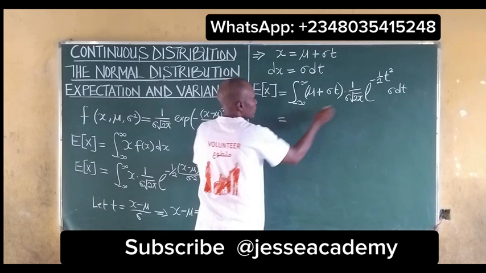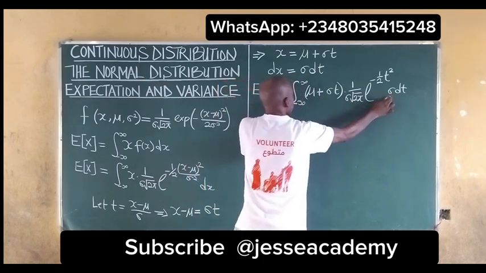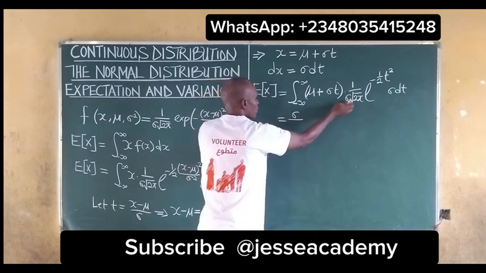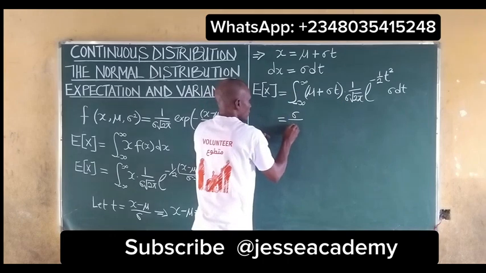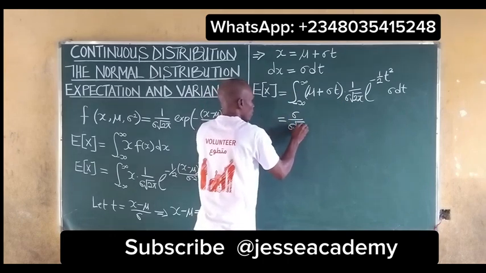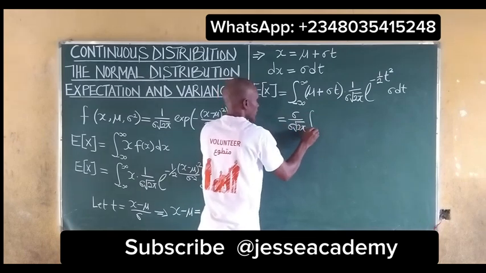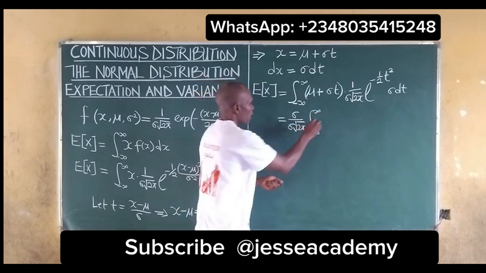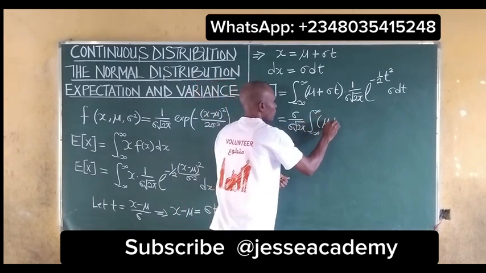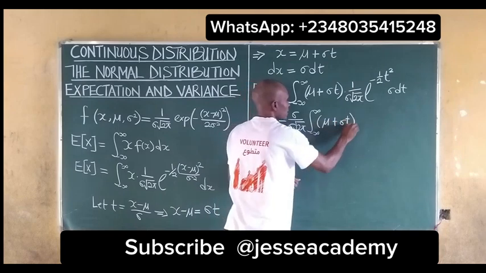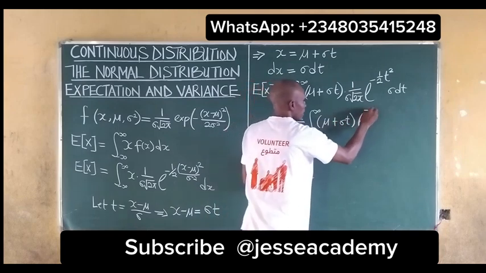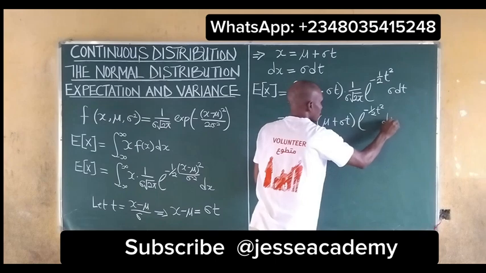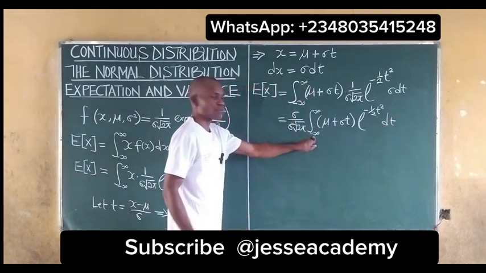Of course, we can bring this out. We can also bring this out to this place to give us sigma all over sigma, and we bring the whole of this into 2 pi, integral negative infinity to infinity. Now we are left with mu plus sigma t exponential negative 1 all over 2 t squared dt. So this is what we are left with.